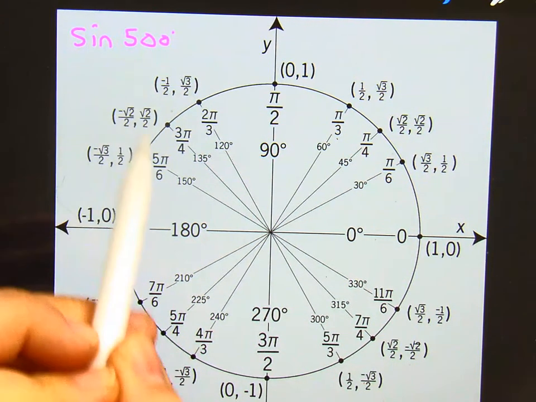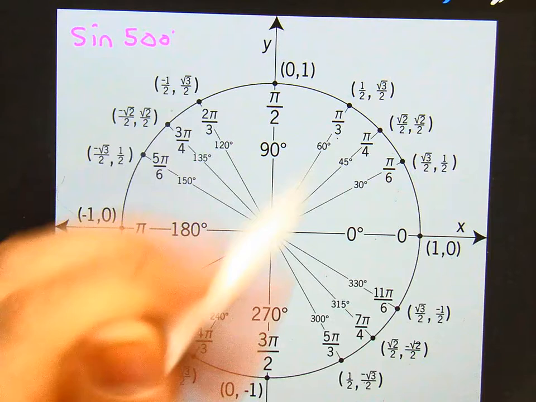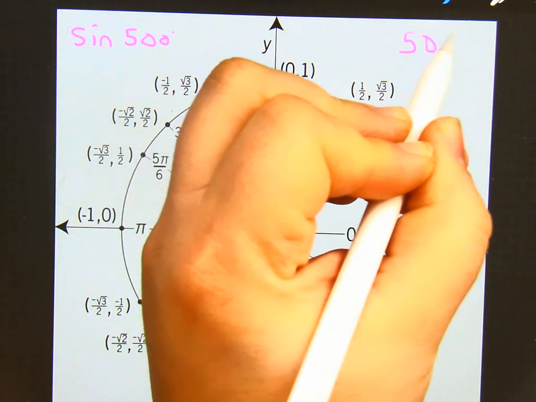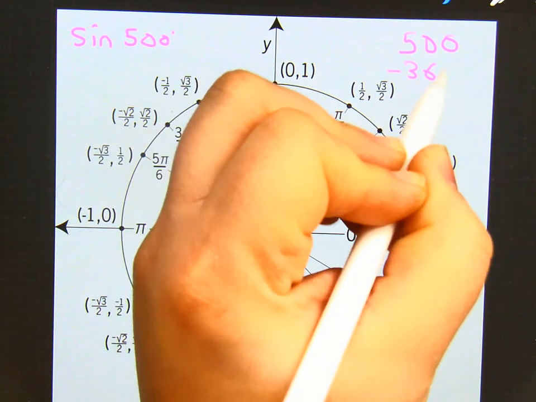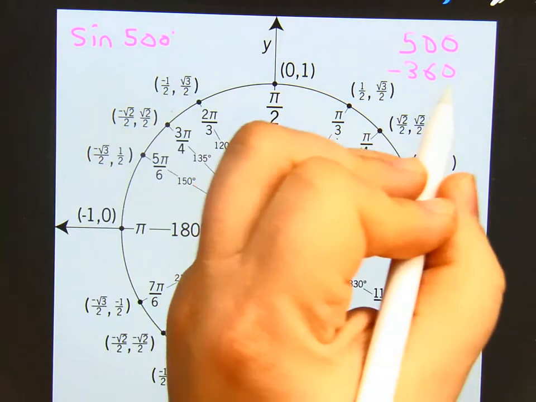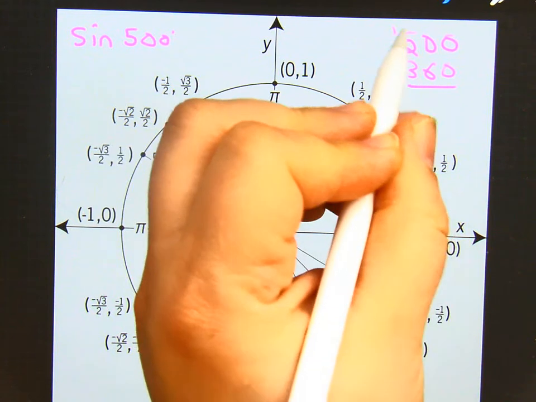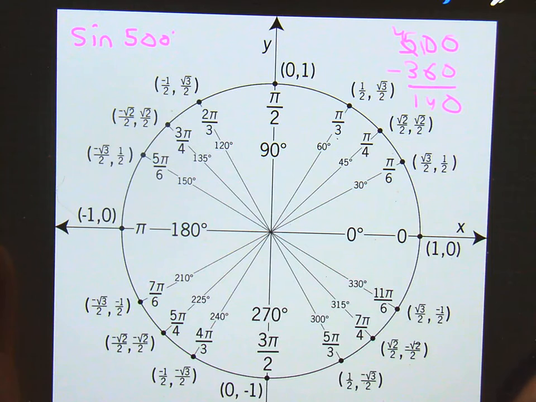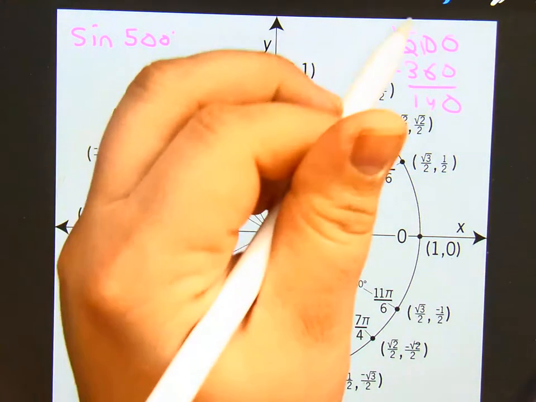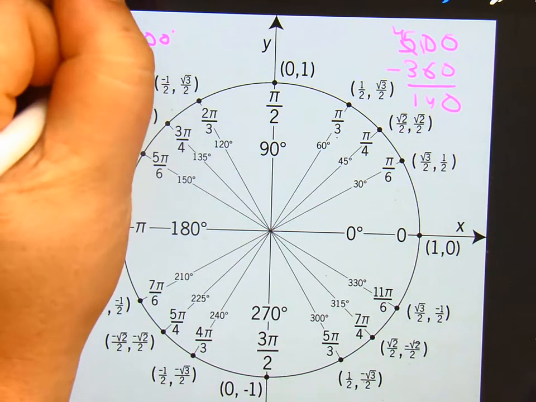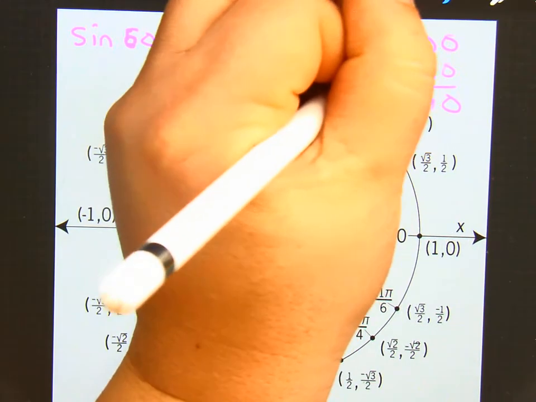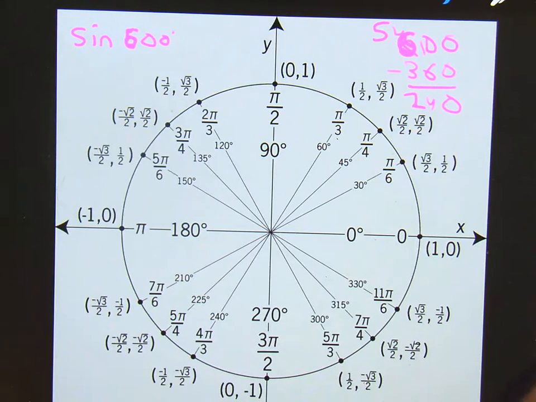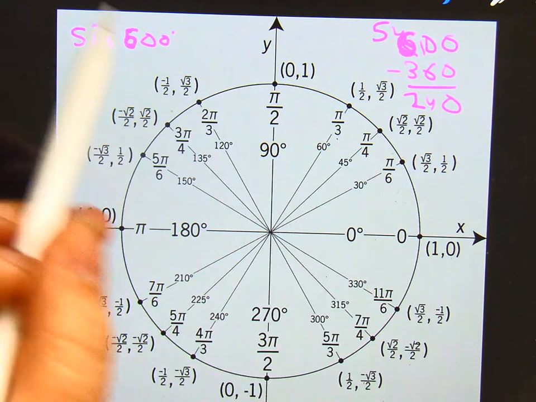If I had 500, that means I've gone around at least 360 degrees. So I do 500 minus 360, taking away one full circle, and I would get 140. Actually, let's make that 600, to make our numbers nice and easy to work with. Why not? There we go. 240. Let's do 240. This is just an example of the concept.